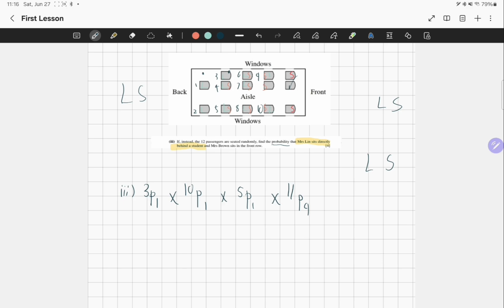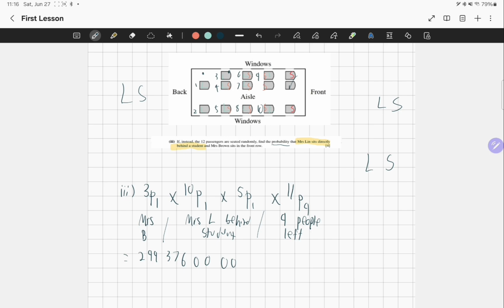As a summary, this is Mrs. Brown, Mrs. Lin behind a student, and this is the 9 people left, the background characters. Okay, so the answer is 29937600000. Oh yeah, only 4 zeros.